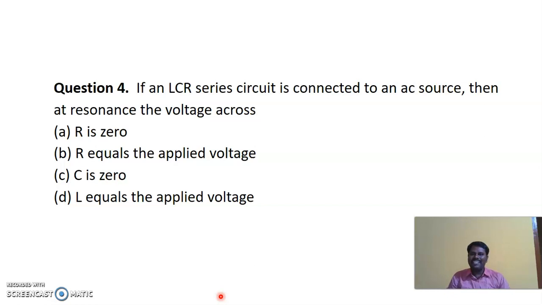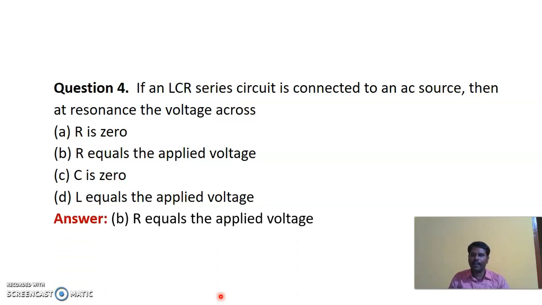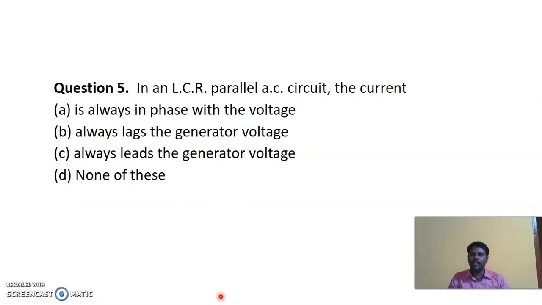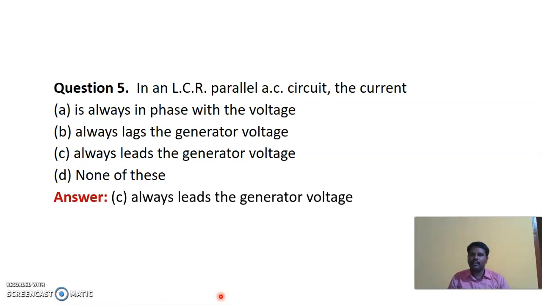If an LCR series circuit is connected to an AC source, then at resonance the voltage across R equals the applied voltage. In an LCR parallel circuit, the current always leads the generator voltage.